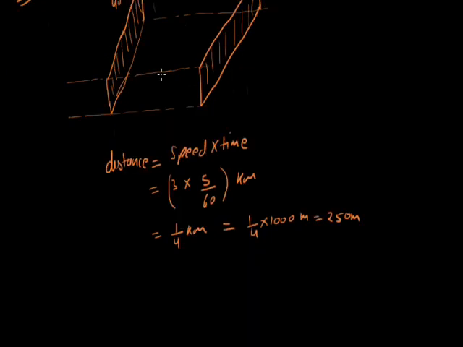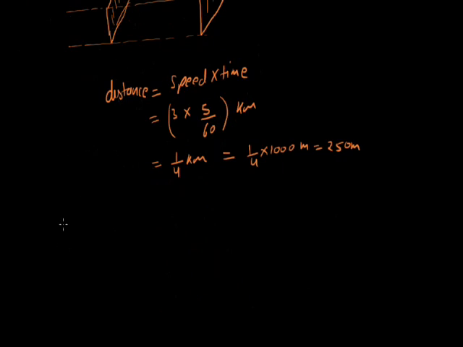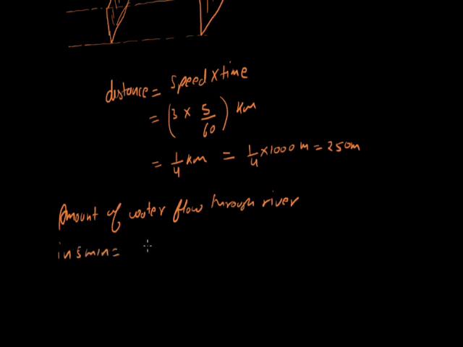So the amount of water flow through the river in 5 minutes is length 250, breadth 40, and height 20. All are in meters, so the volume is in meter cubic.